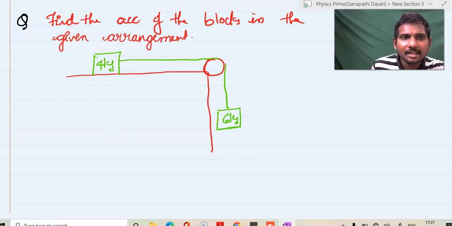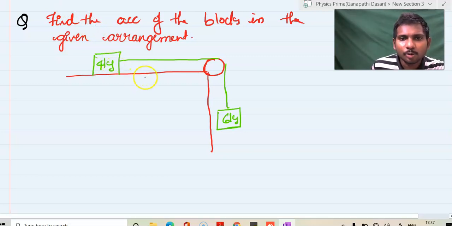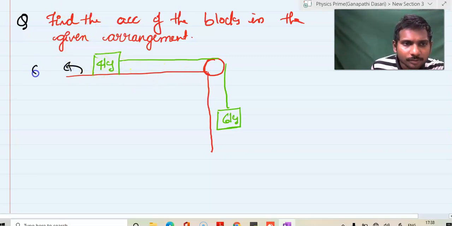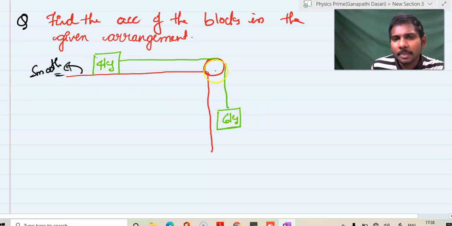Let us solve this question. So this is a smooth floor. If we solve this question, let us draw the free body diagram. To solve this question, we need to draw the free body diagram first.